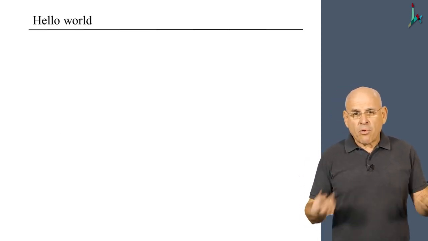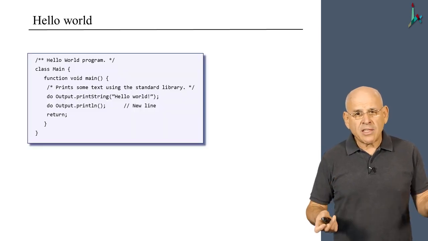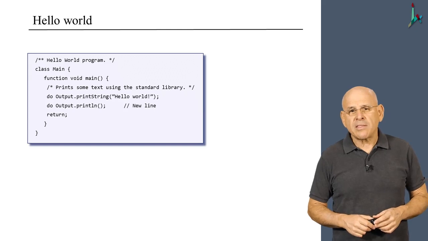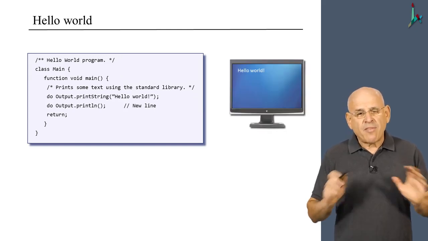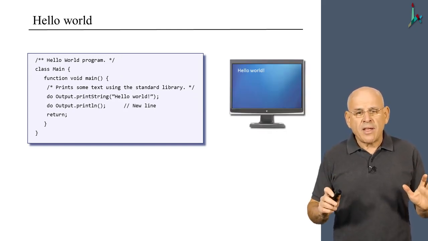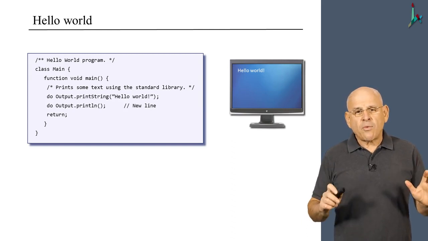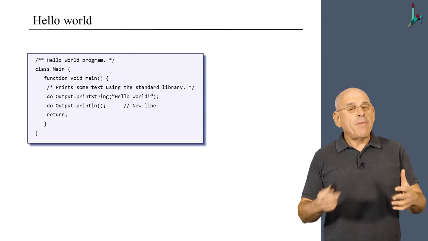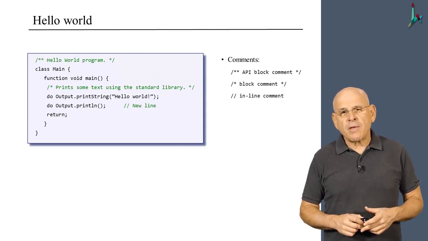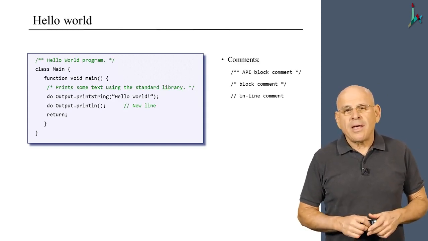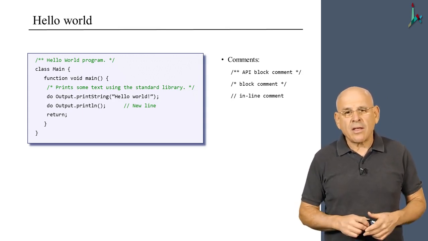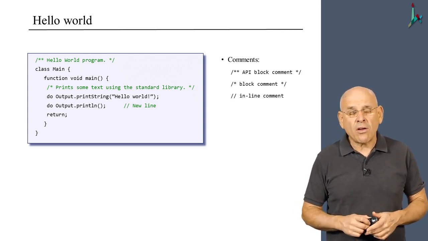And Hello World is a program that we saw before. If we execute it, we get this very imaginative text, Hello World, on the screen. But for now, what I'd like to observe is that in Jack we have 3 kinds of comments. We have API comments, which can be processed by some external tool like Javadoc. I mean, we could have written a similar JackDoc tool.